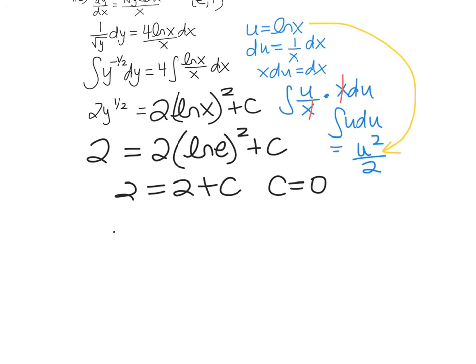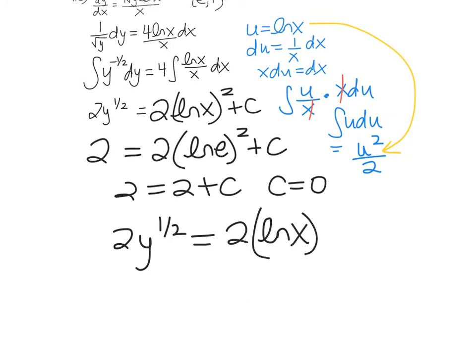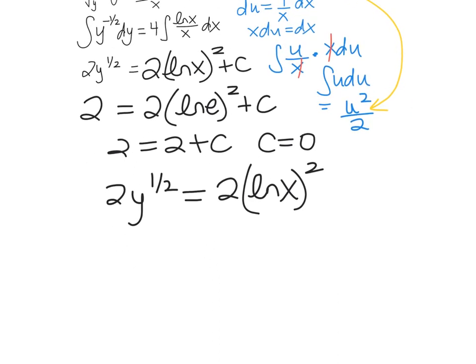Okay? All right, so let's go back up and plug 0 back in. So now we have 2y to the 1/2 equals 2 times the natural log of x squared. You could, if you wanted to, write that 2 in between the ln and the x. And the rest is just solving for y, which is not that bad this time. We'll divide both sides by 2. Those are gone. And then you get y to the 1/2 equals the natural log of x squared.